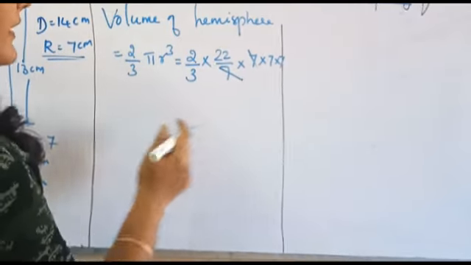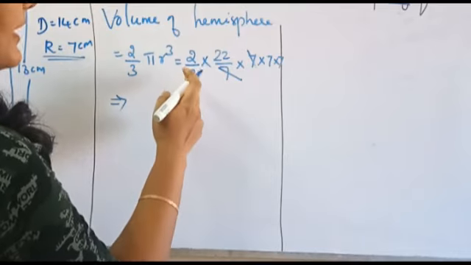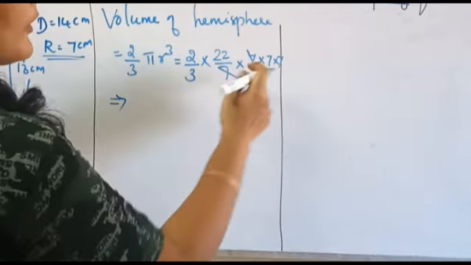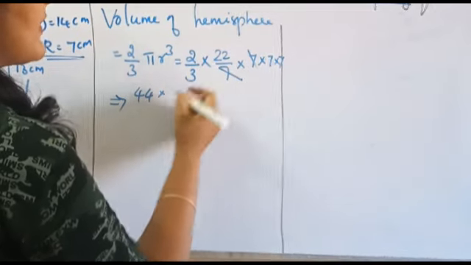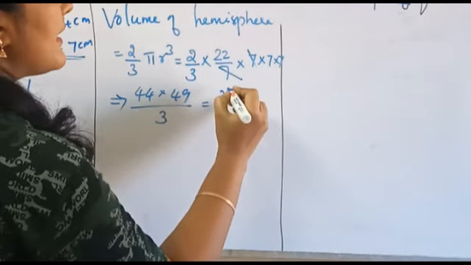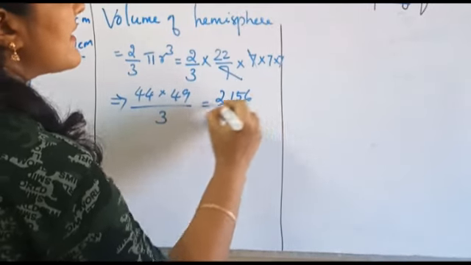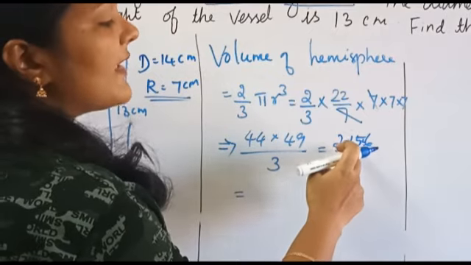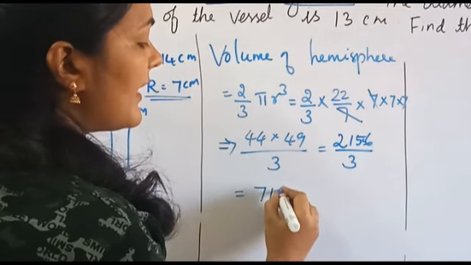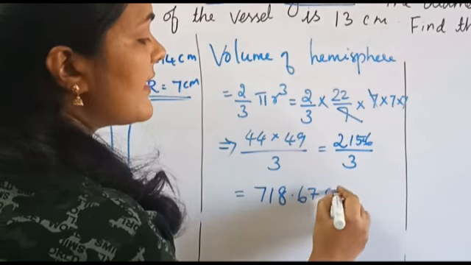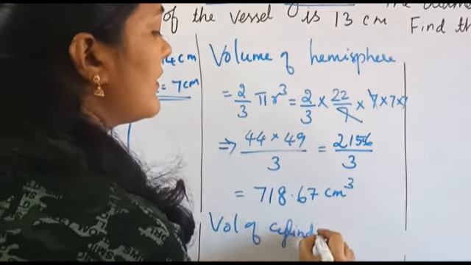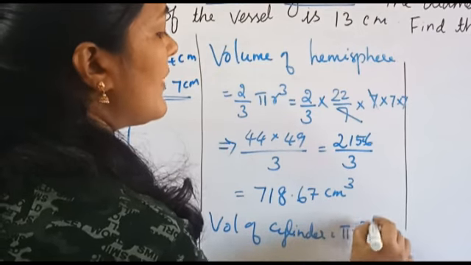So multiply everything and divide with 3. 2 into 22 is 44. 44 into 7, 7 sevens are 49, divided by 3. 44 into 49 is equal to 2156 divided by 3. 2156 divided by 3 is equal to 718.67 centimeter cube.